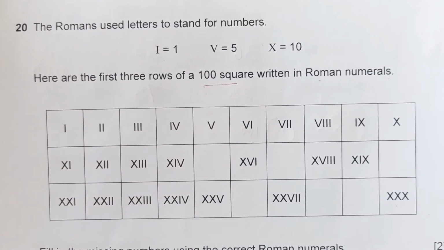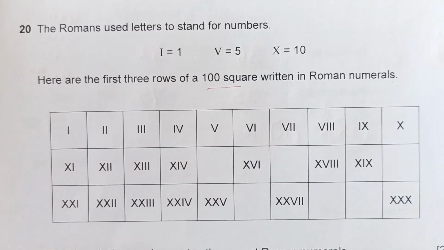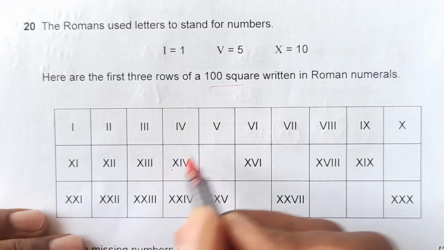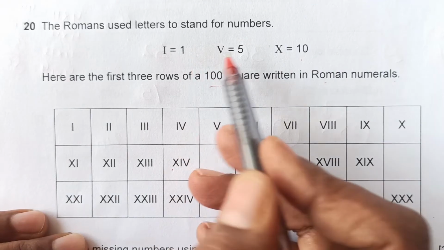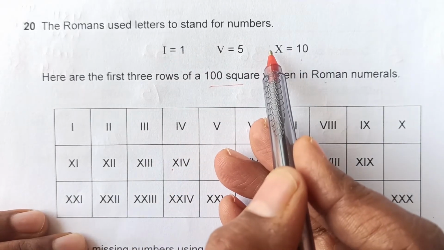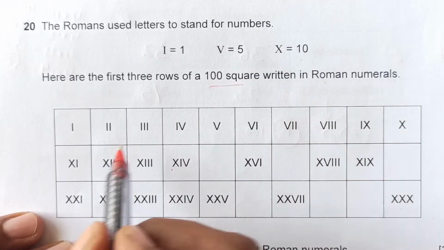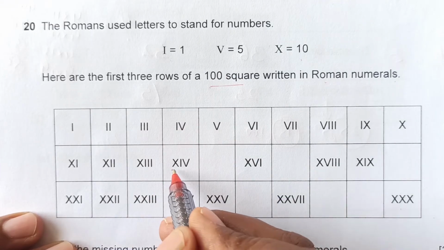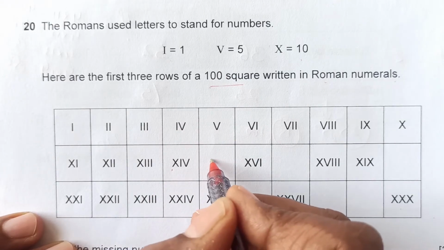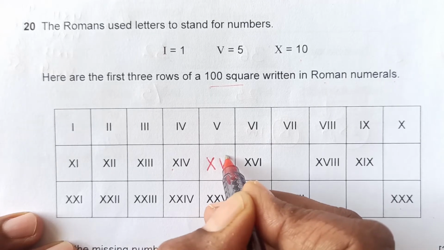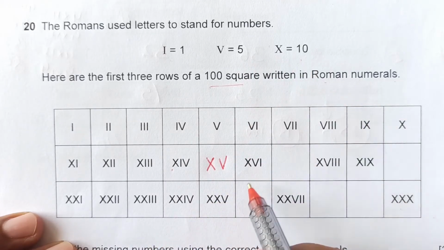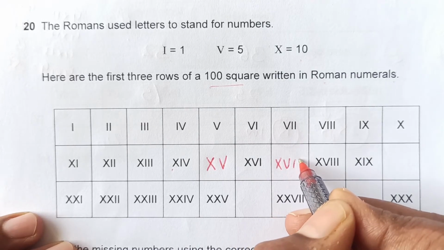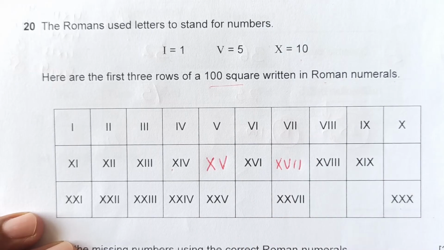So let's see. What do we have here? This is 10, right? If we write I before 10, we subtract 1, like you see 5 and I is there, so that is 4. So this is 14, and 15 will be X and V, 10 plus 5, and then 16, then 17 is X with 2 I's, right?